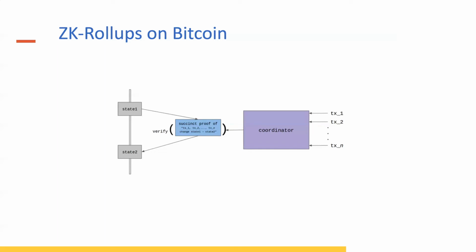It may take a year to compute, but using ZK, you can verify it within, let's say, 10 milliseconds. So that's how they use this technology to scale. For example, if you have 1,000 transactions and you run all of them, it's going to change the state from state one to state two.